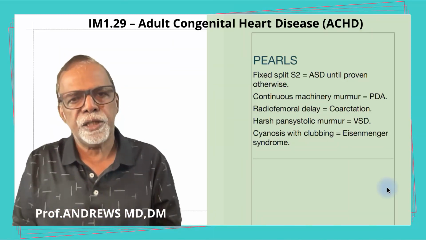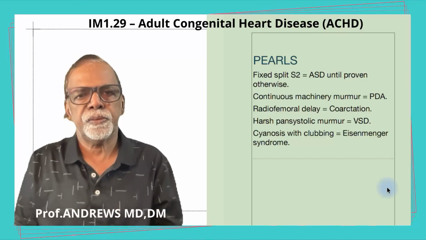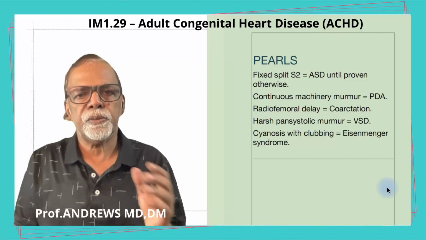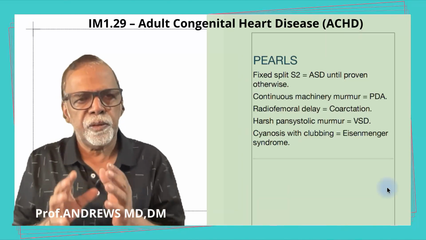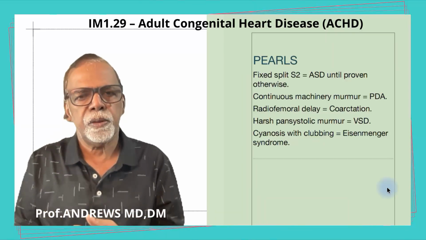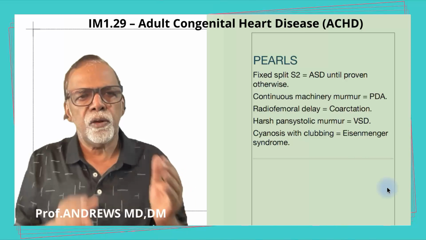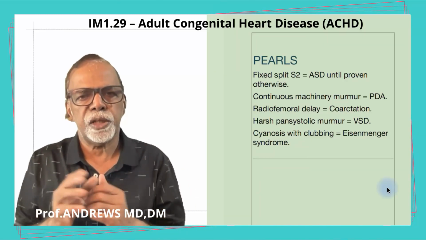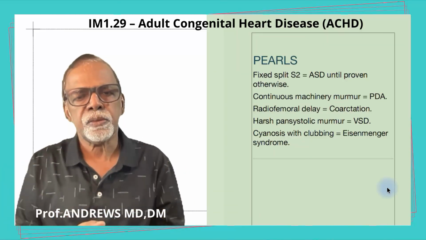So the clinical pearls: fixed split, remember ASD unless proved otherwise. Continuous machinery murmur, PDA. Again, remember with development of pulmonary hypertension, the continuous murmur may disappear. Radiofemoral delay, always look for it, and sometimes it comes with hypertension and coarctation.